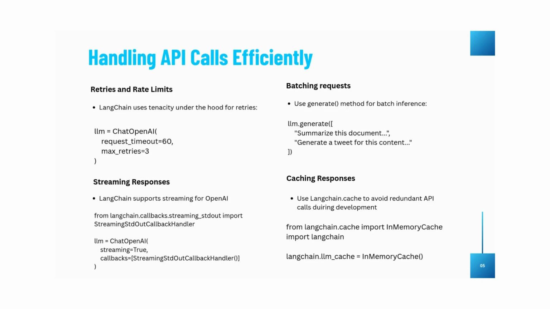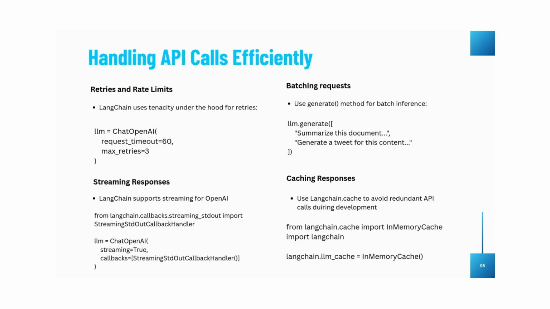Now let's discuss handling API calls efficiently when working with large language models in LangChain. This is a crucial skill, especially when you are building scalable apps that rely on multiple or frequent API requests. Let's explore how to make your LLM integrations faster, cheaper, and more reliable.